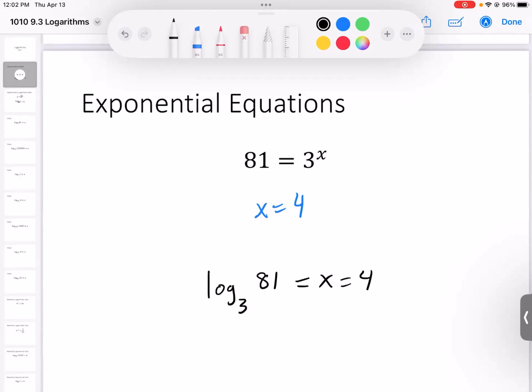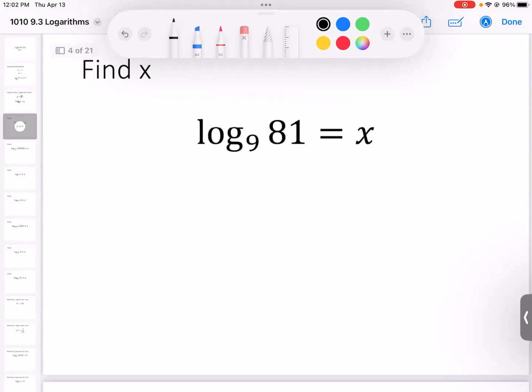Okay, so let's go through some examples. On this one, if we were asked to find x and x equals log base 9 of 81, it may be easier to think about this if you rewrite it in exponential form. The base of the logarithm is a 9, which means that the base of my power is going to be a 9.